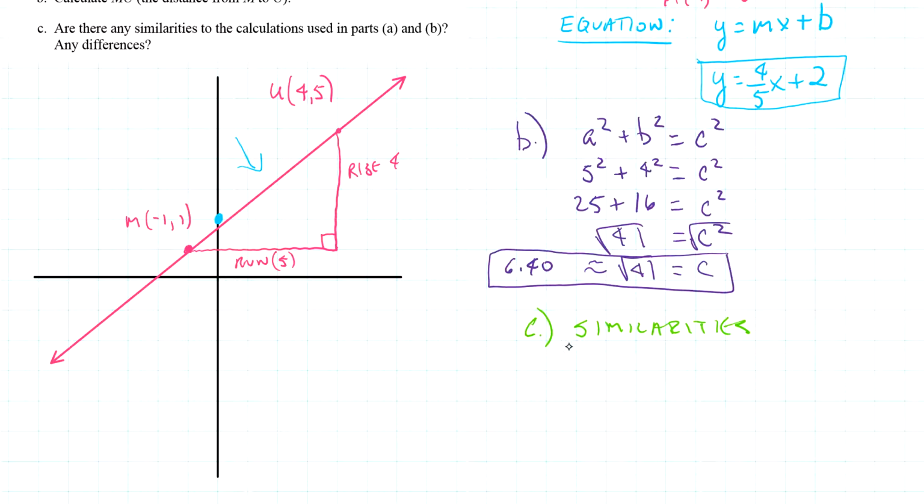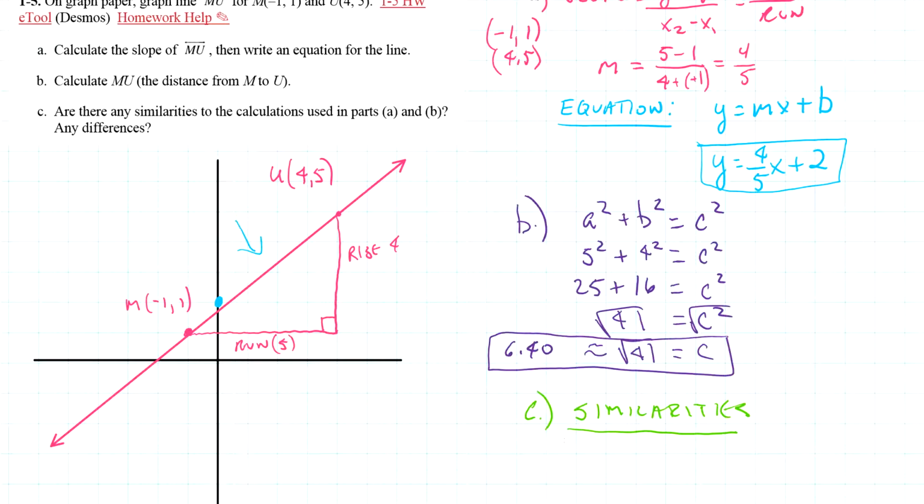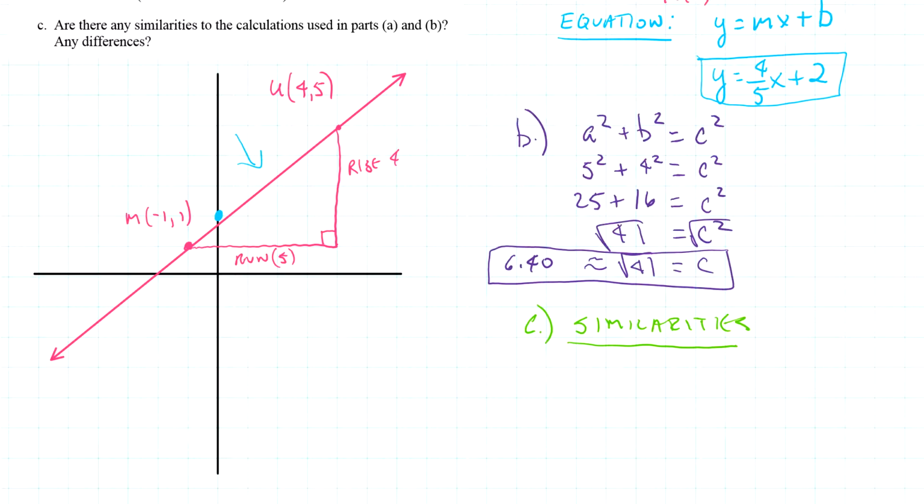Well, the big thing that I see is that 4 and 5 are used in the slope calculations, and they're also used in the distance of MU calculations. So I'm going to say both 4 and 5 are used.